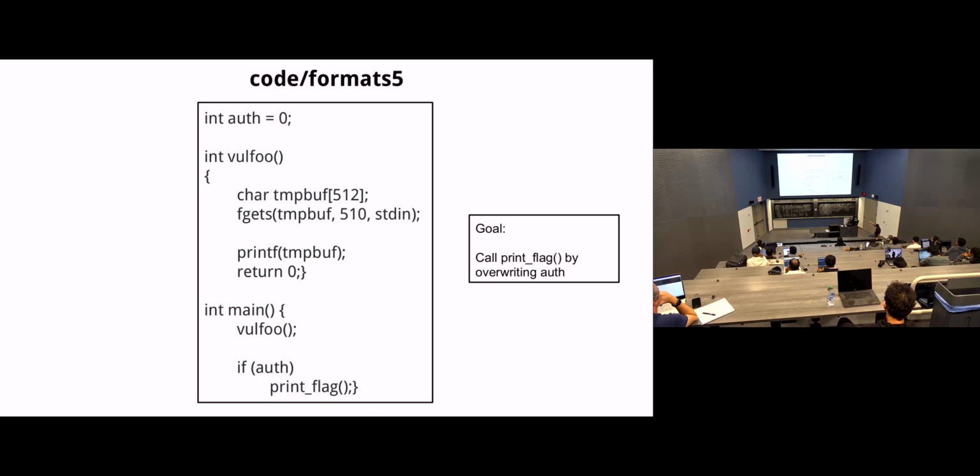The fgets will get 510 bytes plus the newline and the null terminator, so it's 512. So there's no buffer overflow. The fgets will not cause any buffer overflow. However, this string will be input as a printf format, so there will be a format string vulnerability. So the goal here, any idea how to solve this one?